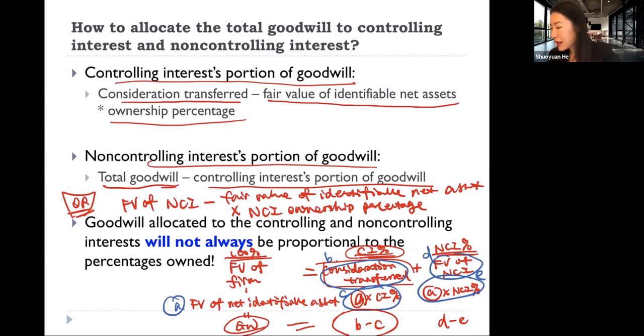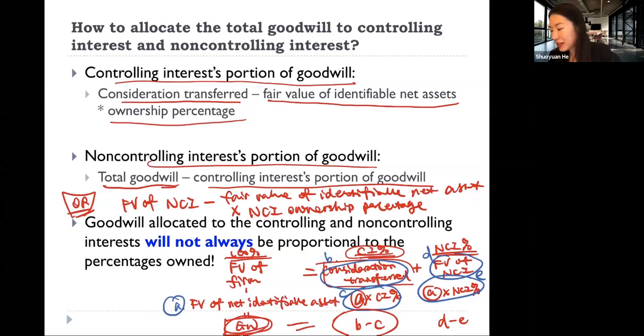So as you can see here, why do we use such a complicated formula? Why can we not just take the total goodwill and multiply it by the controlling interest percentage and the non-controlling interest percentage? We cannot do that.